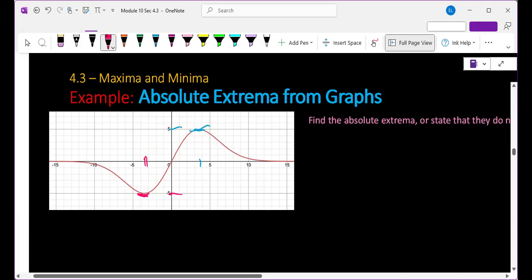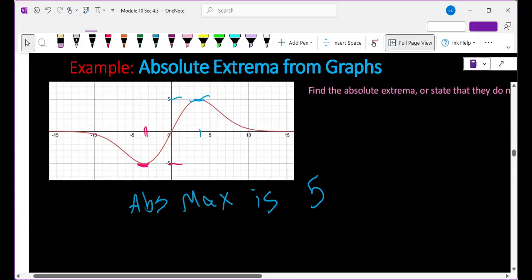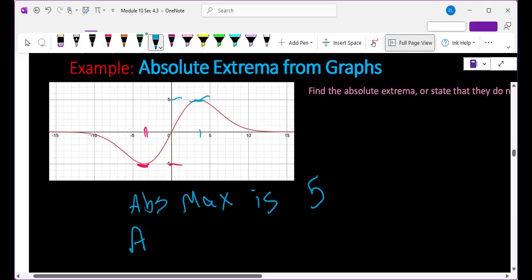But that X value is harder to say. So sometimes all they want is just the Y values. So absolute max for this graph is 5. Absolute min is -5.